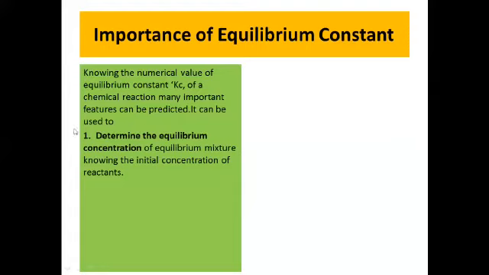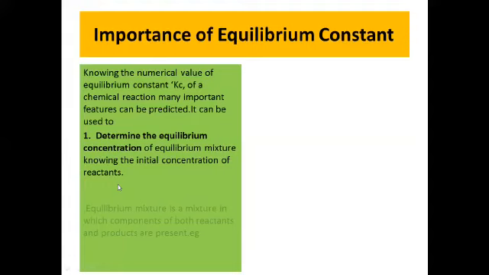The first importance or application of the equilibrium constant Kc is that we can determine the concentration of the reaction mixture at the equilibrium state, by knowing the initial concentration of the reactant.